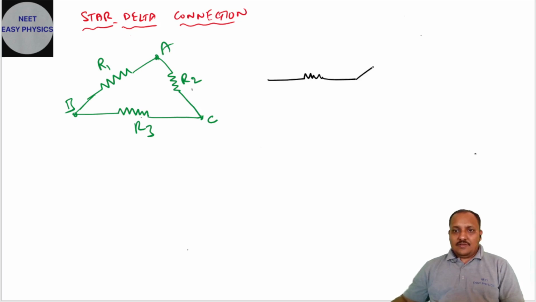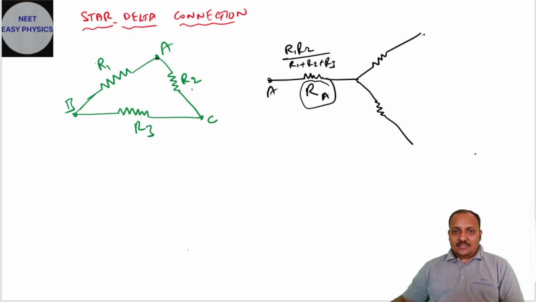So whenever we are taking it like this, A is going to be in between R1 and R2. So R1 R2 by R1 plus R2 plus R3. This is going to be one resistance, R1 or RA, you can take.